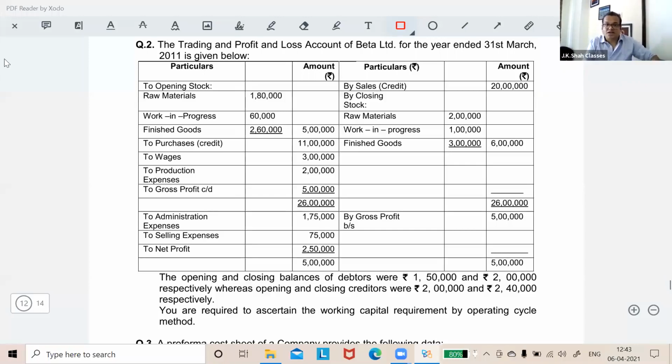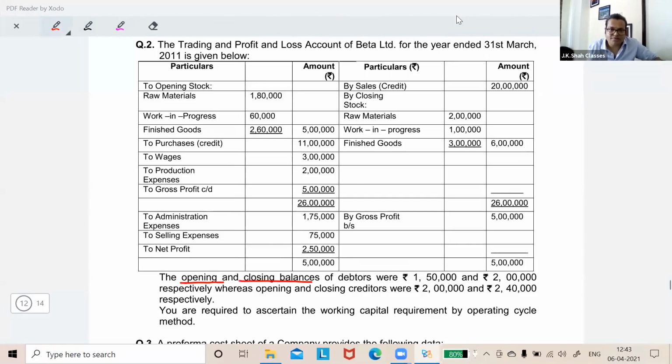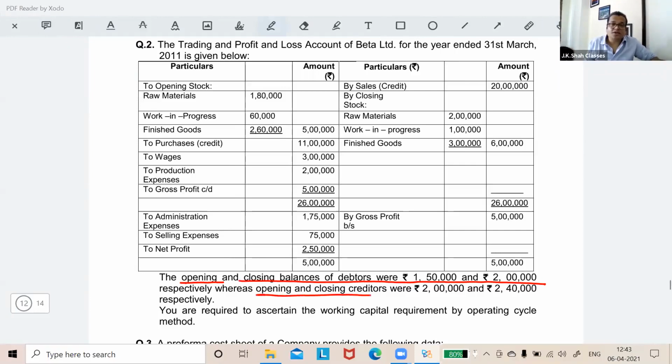See, guys, you are given a trading P&L. At the bottom, you are given opening and closing balances of debtors. Why? So that you can easily calculate average debtors. Similarly, opening and closing creditors, you can calculate average creditors.